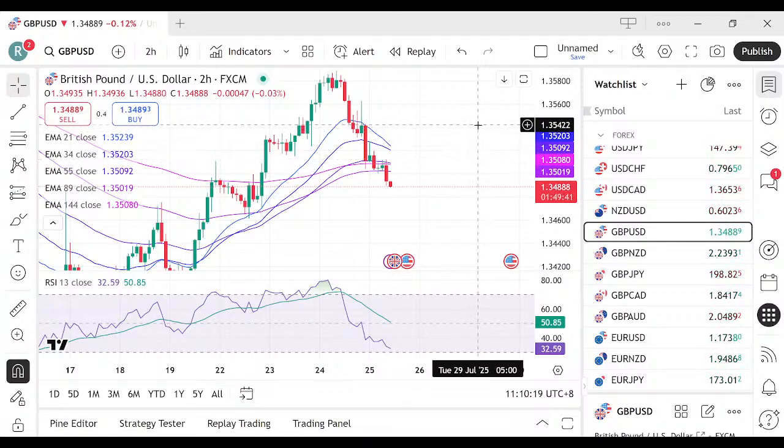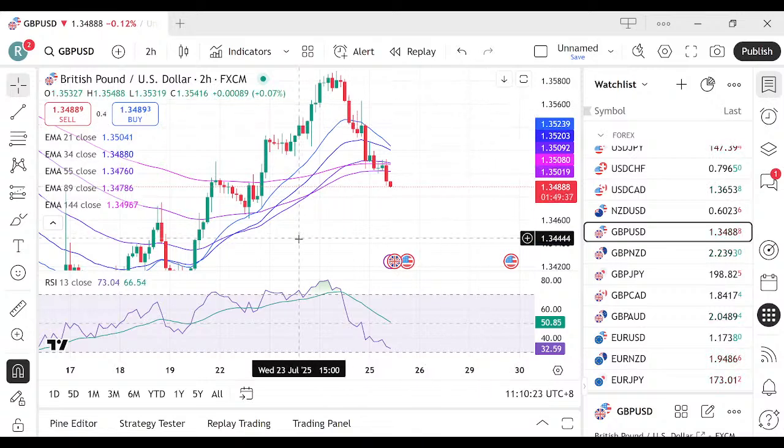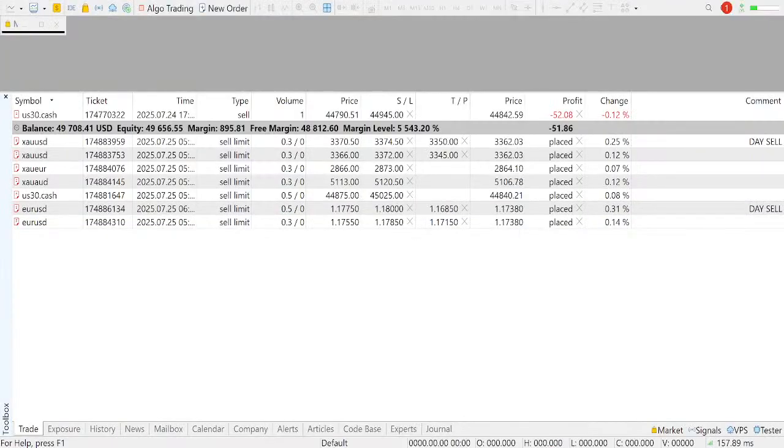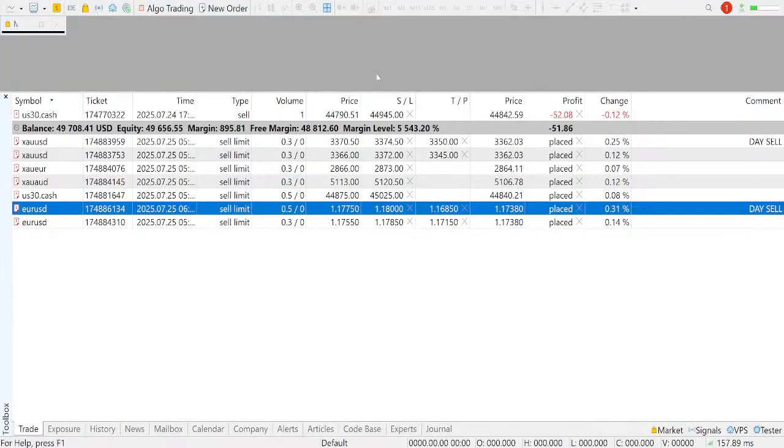Then we'll put a stop above this level, which is 35.60, 65. So price should not go above this level. Based on this, we have two entries for the pound.